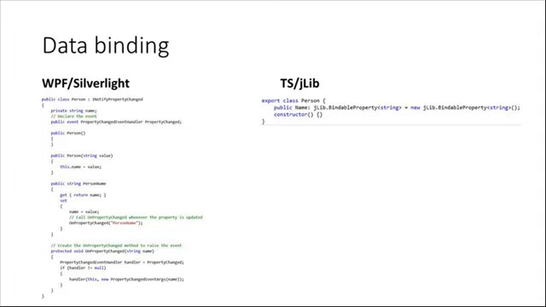We demoed those scenarios, and one thing I want to highlight is that our data binding syntax is much simpler than the current Silverlight version because we use this bindable property. We hide the notification part inside the framework, so from the user perspective, they don't need to write that code.